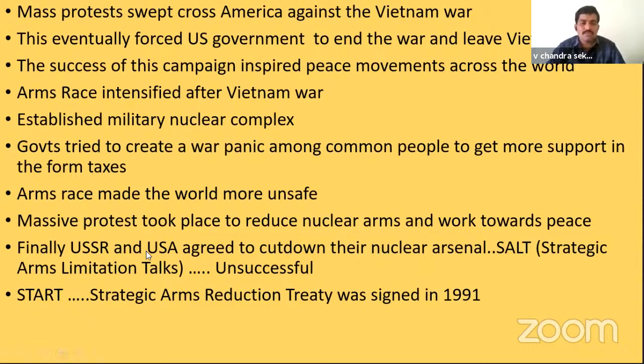Finally, the USA and USSR came to an agreement, the SALT agreement, that is Strategic Arms Limitation Talks, but it was very unsuccessful. After the SALT agreement, again in 1991, the USA and USSR signed another agreement, START, which means Strategic Arms Reduction Treaty.